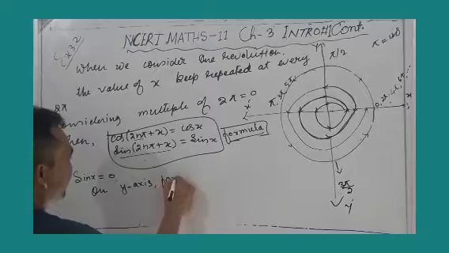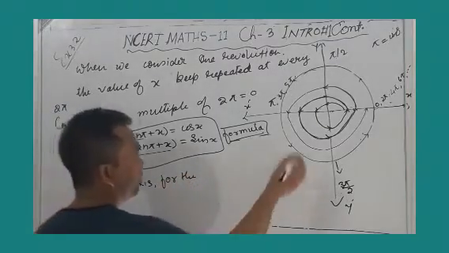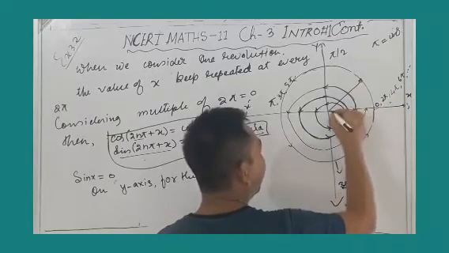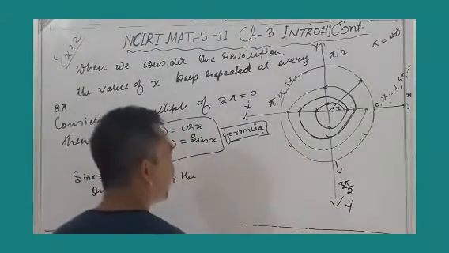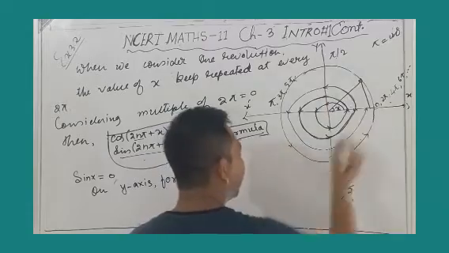For the angle, suppose this is the angle x. This is the perpendicular, okay? This is the line.